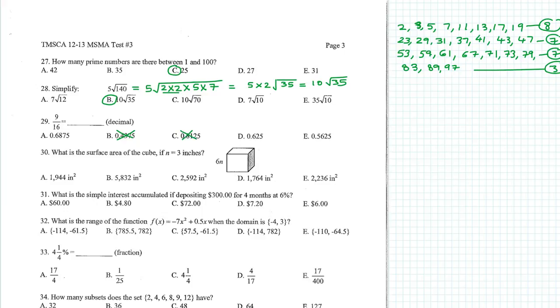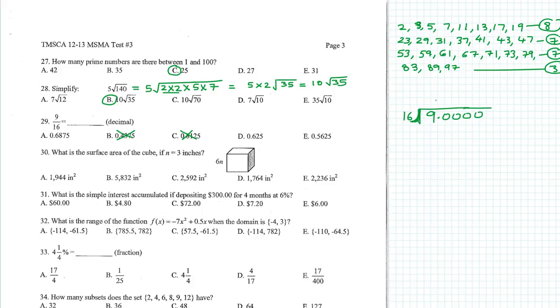So let's divide 9 by 16. So 16 is outside and we have 9 inside, and then 9.000.